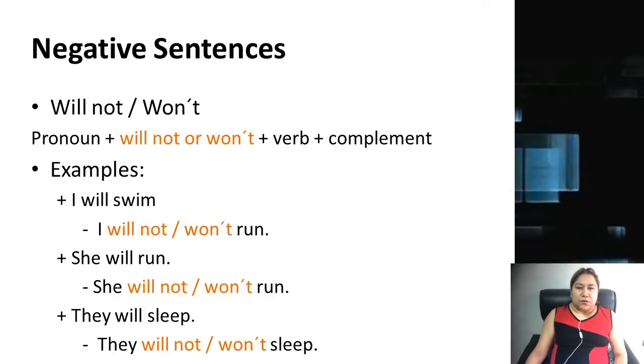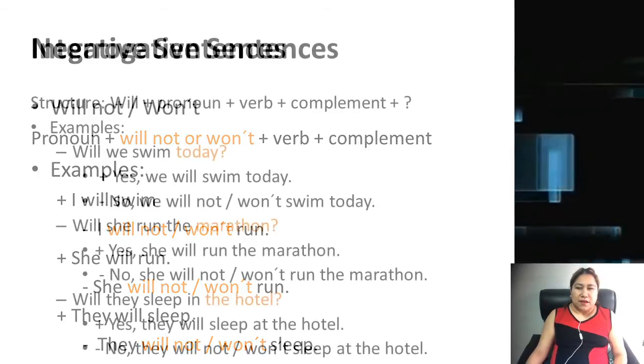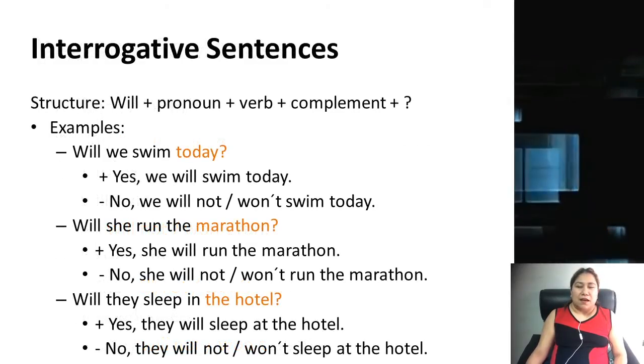Another important structure that we use when we want to refer to the future is the interrogative form. This structure is important if you are interested in knowing what happens in the future. So, for this reason, you have to use the next structure.